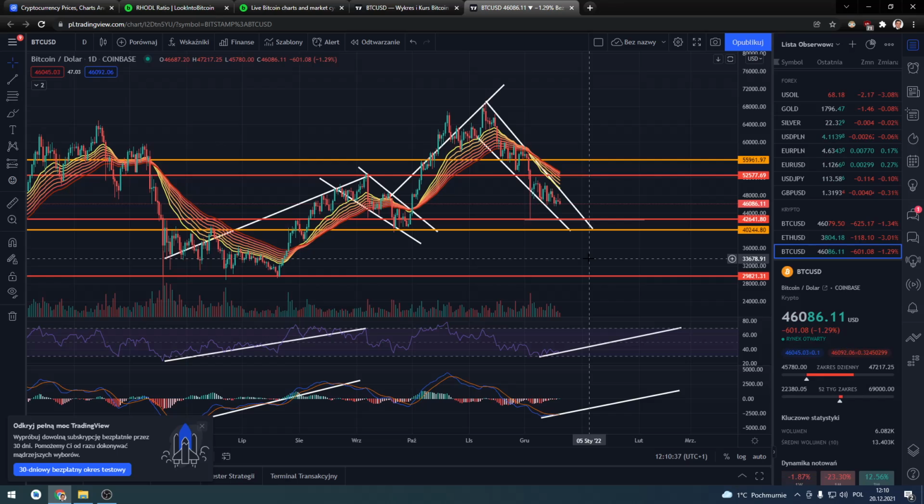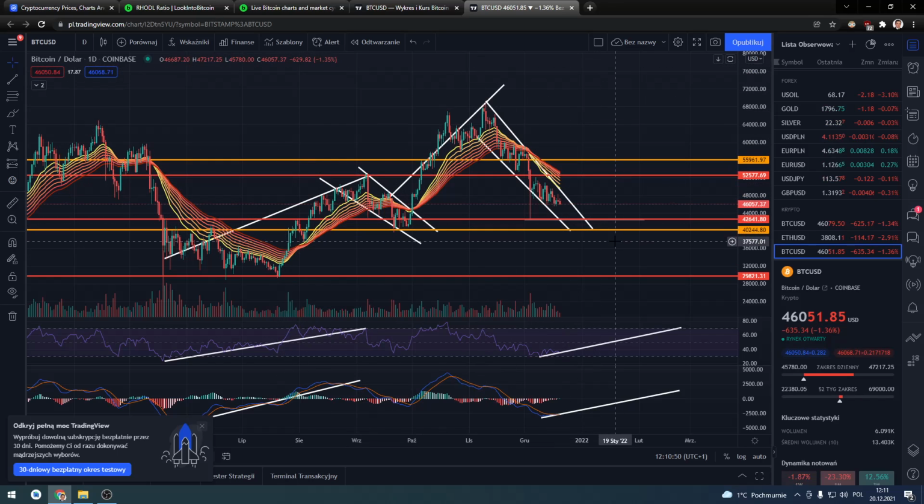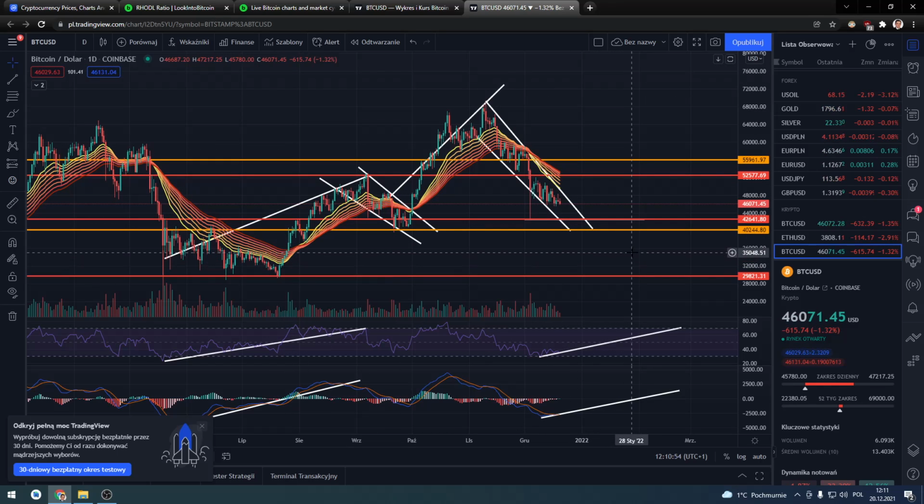So if you stick to Bitcoin, it's a good idea to start buying some small portions of it, because in my opinion, even if you go lower, there is still a huge chance that the trend will reverse sooner than later. And you should earn, I think, satisfying amounts of money out of it.